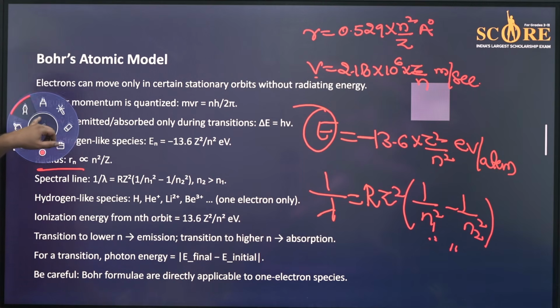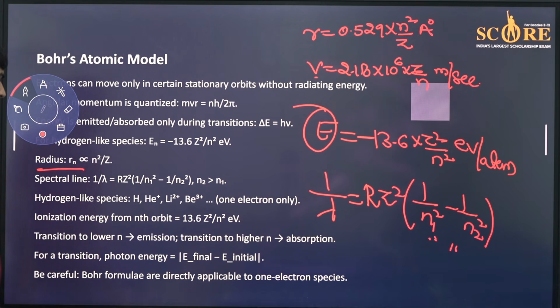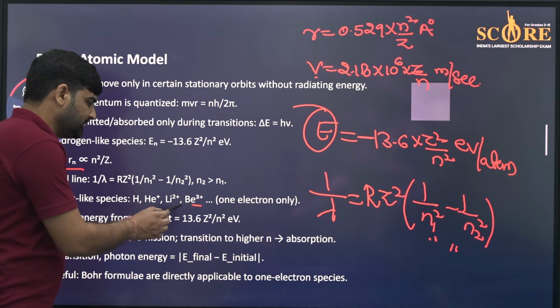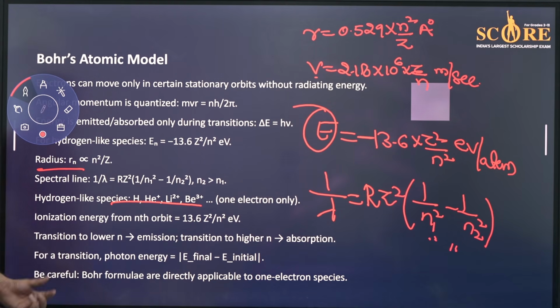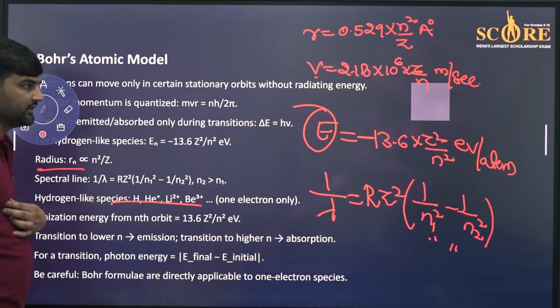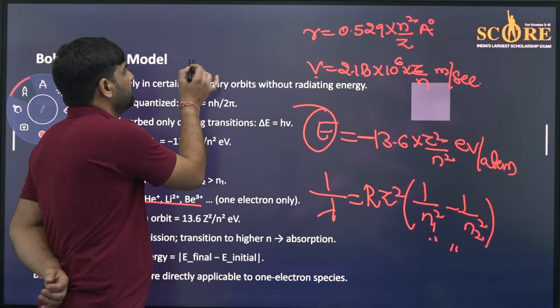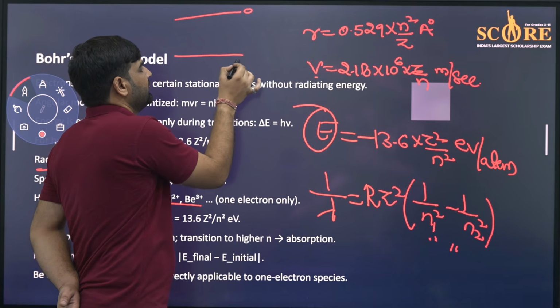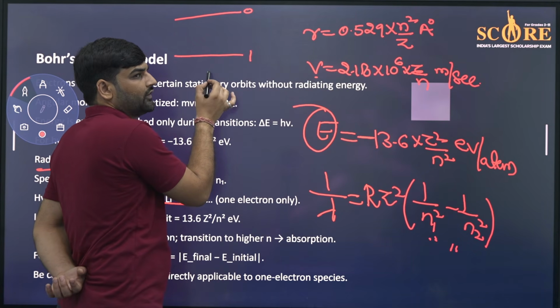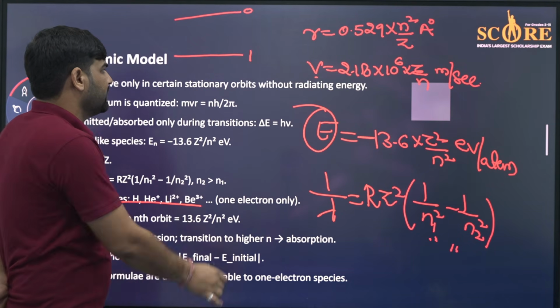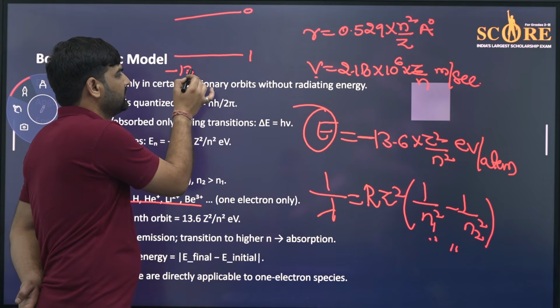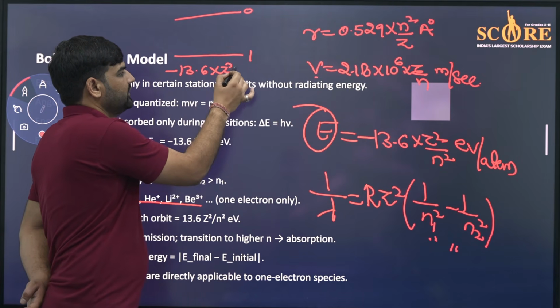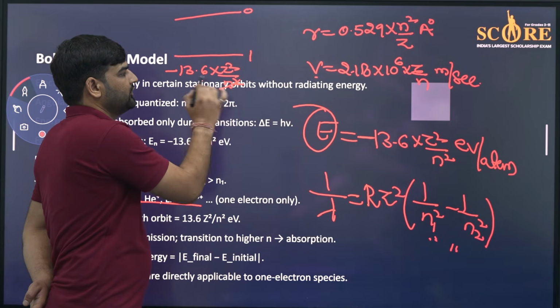Next, hydrogen-like species. Hydrogen-like species means only one electron should be there. Ionization energy. Ionization energy means what? Energy at infinity is 0. Energy at n equals 1, we have to calculate. So energy at n equals 1 is minus 13.6 Z square divided by n square, n should be 1.